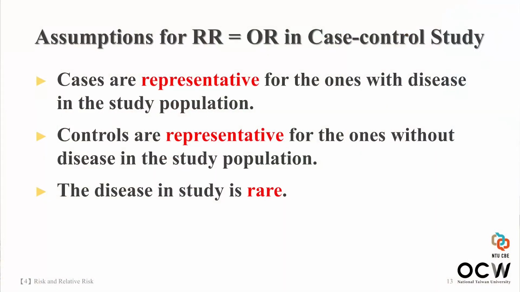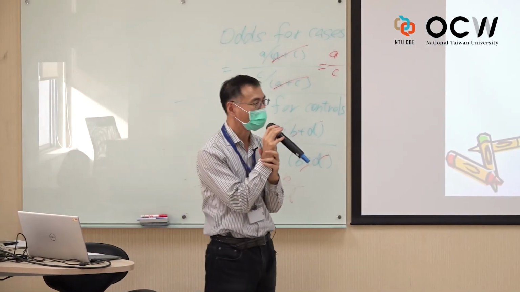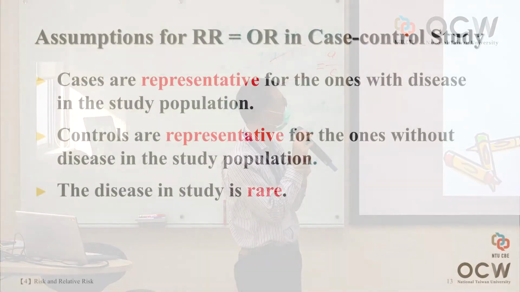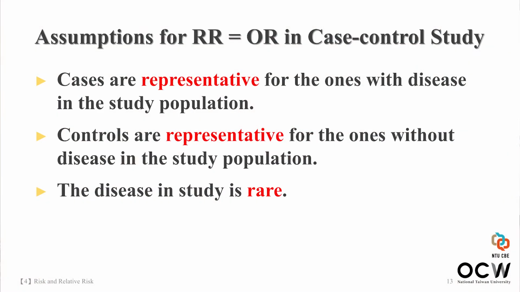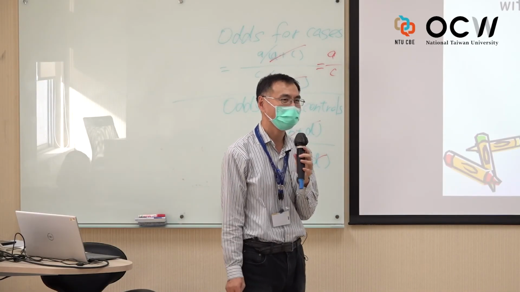About the assumption of the RR equal to OR, the RR here is the rate ratio equal to odds ratio. So the estimation of relative risk for cohort study is actually the same as the estimation for OR. The first one is that the cases are representative of the ones with the disease in the study population, because we are supposed to get a random sample.